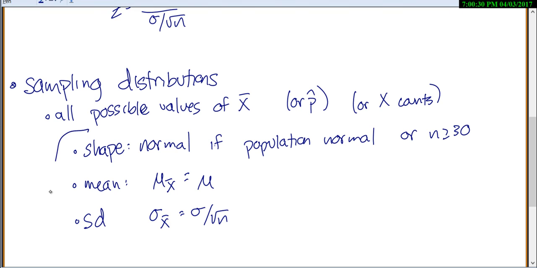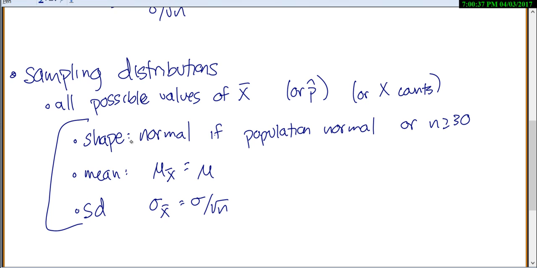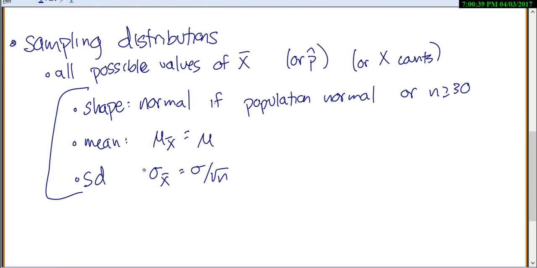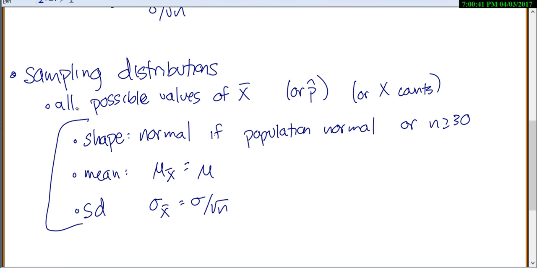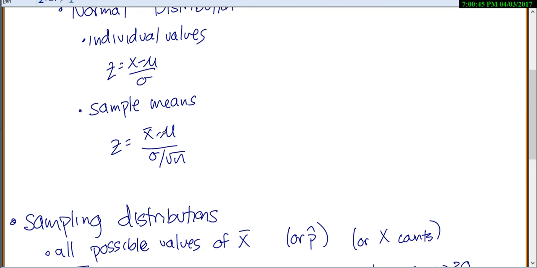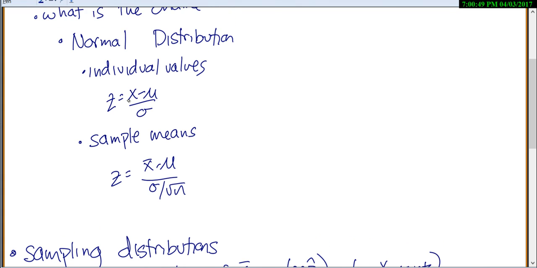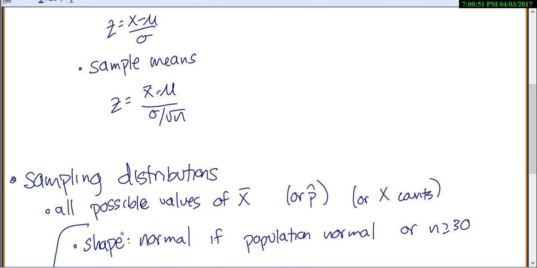And of course you have different sets of formulas for p hat, and different sets of formulas for counts. Tied in with sampling distributions, I might ask you this question, and then say, now find the probability for a sample mean, which means you come up and use this. So the probabilities and the sampling distributions are very tied together. I might combine them on a problem.